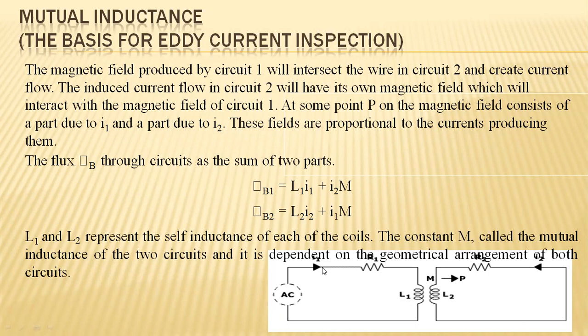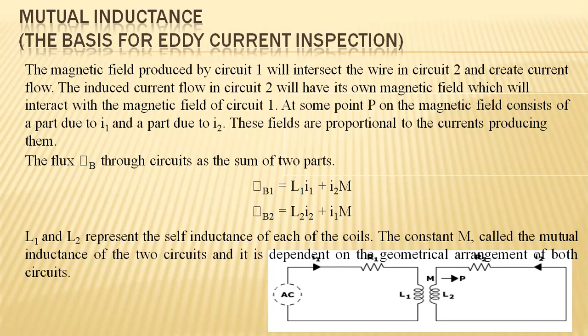It's an external source passing through, and the inductance generates the EMF, which drives I2 towards this resistance.